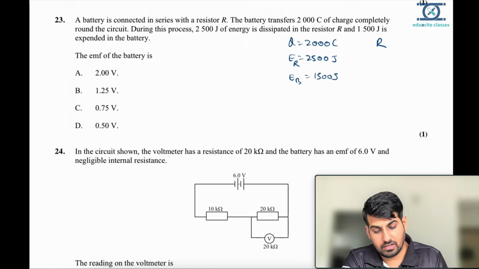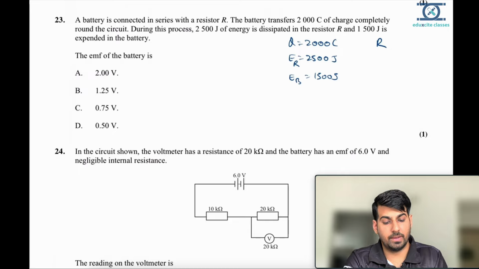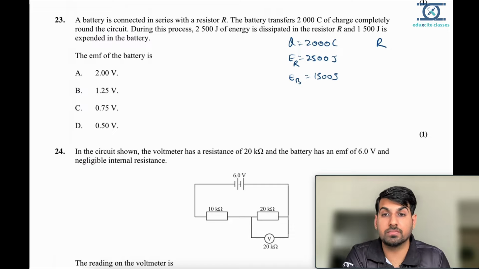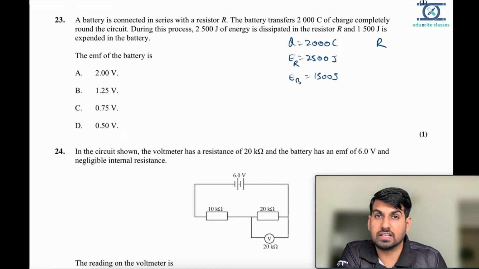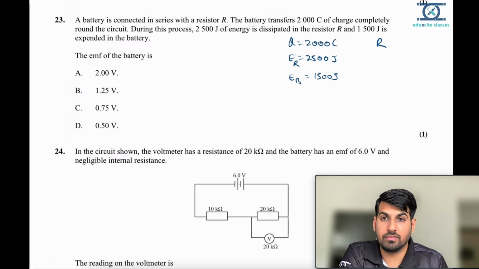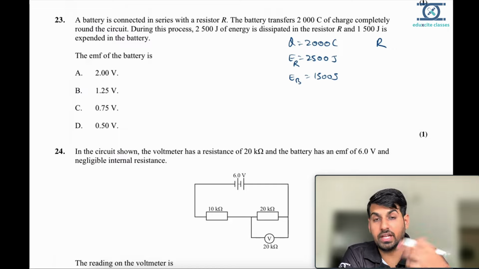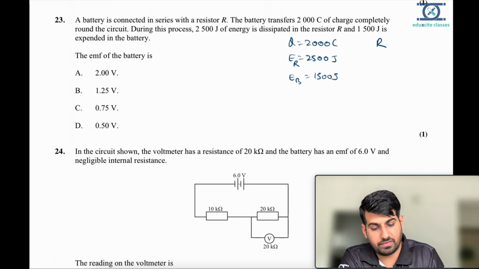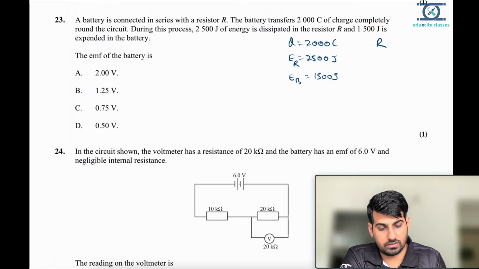The EMF of the battery will be, now what is EMF? EMF is the maximum potential difference that a battery can give to the circuit, including the internal resistance, obviously. So this 1500 joule is for the internal resistance.